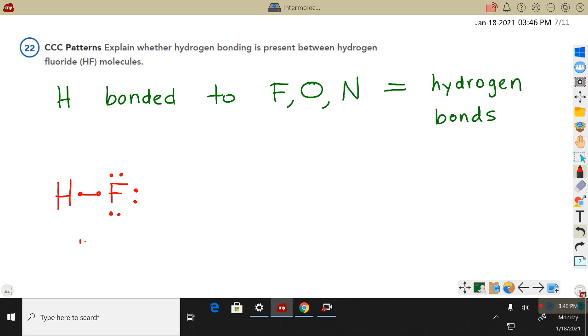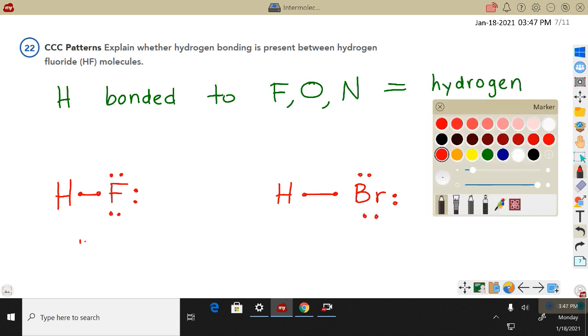Now let's say I keep it in the halogen group, but we go to hydrogen and bromine. So let's do hydrogen and bromine with its 7 valence electrons. So the structures are really similar, right? Okay, so here's the deal. They're both polar bonds. The fluorine and the bromine have higher electronegativities than hydrogen. But the problem is fluorine has a really high electronegativity.